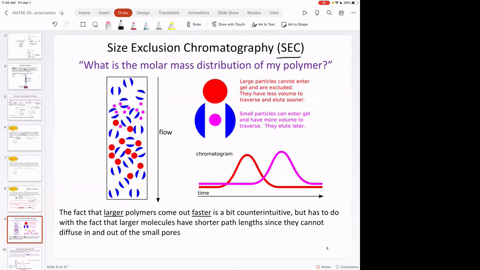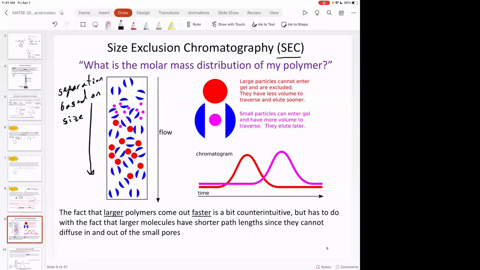And so the point of size exclusion chromatography is that you're doing a separation, which is what chromatography means, based on size. That's why it's size exclusion chromatography rather than affinity chromatography or something else.